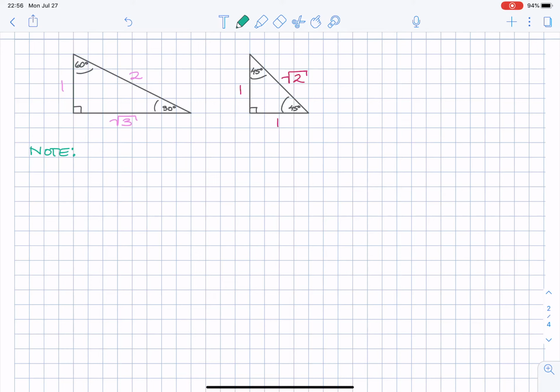So the trigonometric value of any angle, the trigonometric meaning sine, cosine, tangent, all of that.